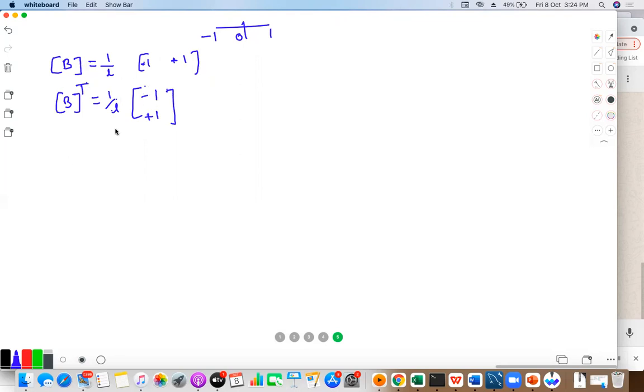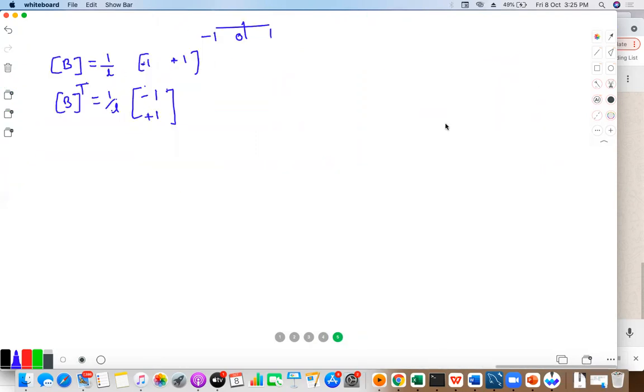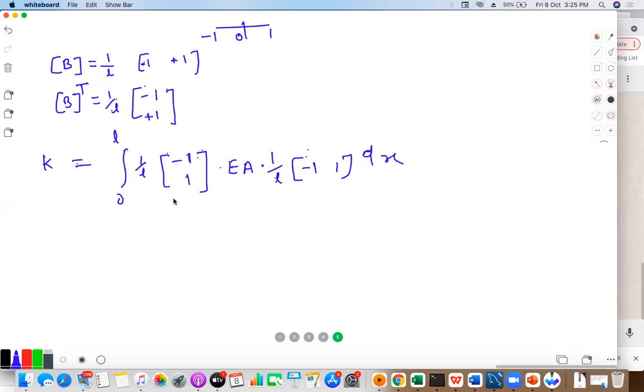Putting this B and B transpose in this equation, I will have K is equal to integration 0 to L, 1 upon L (-1, 1) into E A into 1 upon L (-1, 1) into dx. Okay.